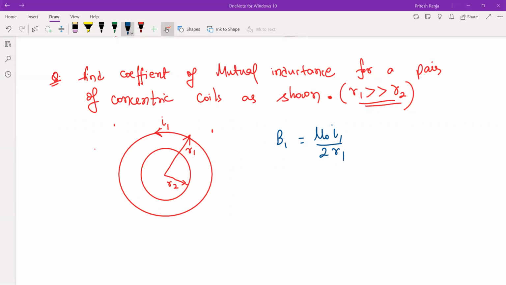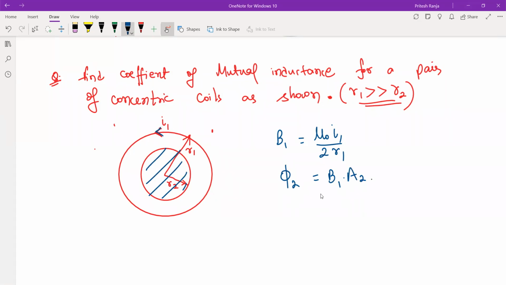So what will be the flux through coil 2? Because we have taken current in the first coil, of course in the second coil we will be finding the flux. That will be the magnetic field due to the first coil into the area of the second coil.